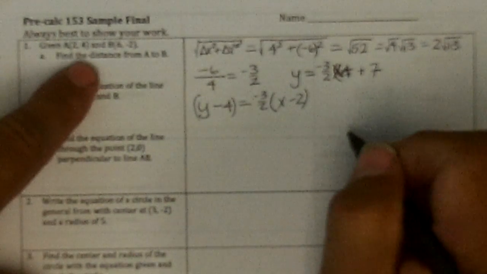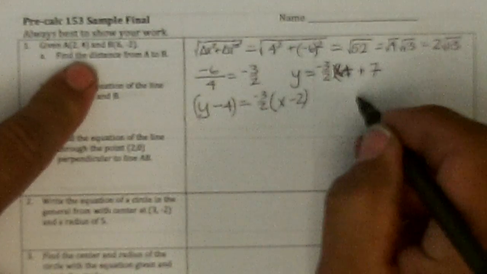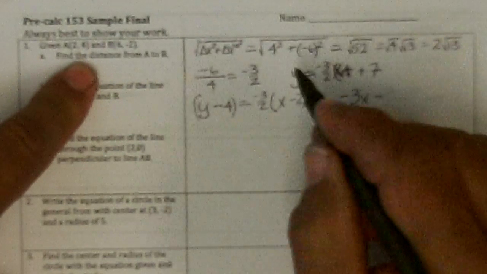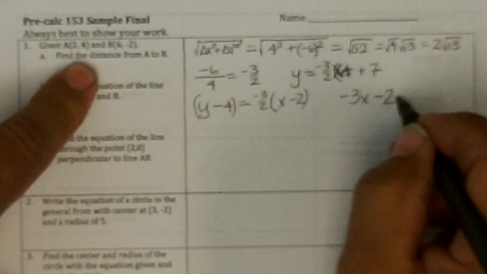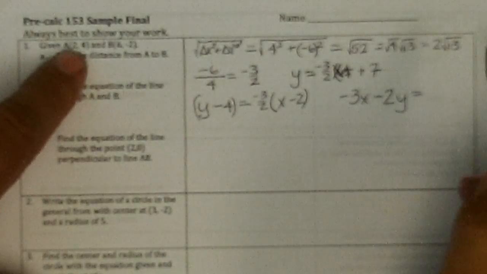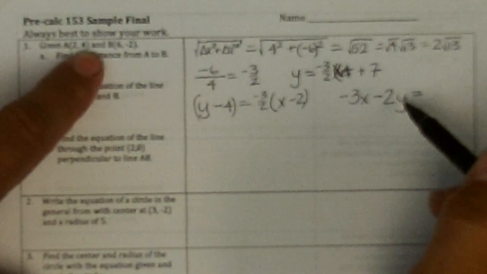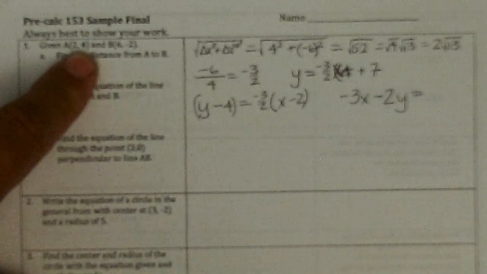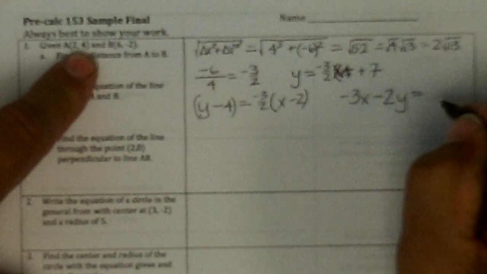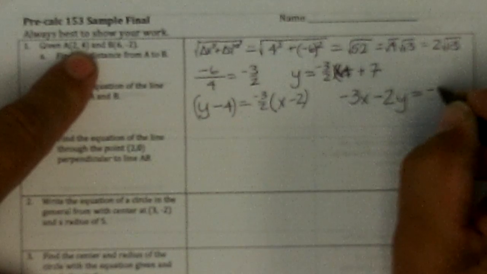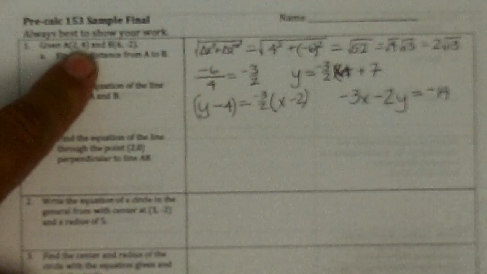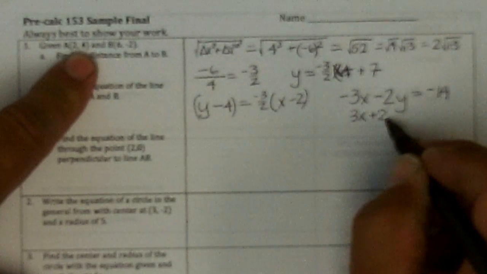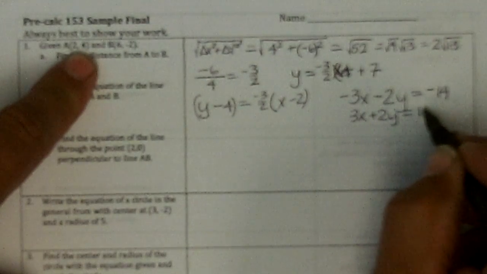And the general form would be negative 3, that's the change in y, times x minus the change in x, 2, times y equals, and if I put in 2 I get negative 6, and 4 I get negative 8. Negative 6 and negative 8 is negative 14. And if I divide everything by negative 1, I get 3x plus 2y equals 14.